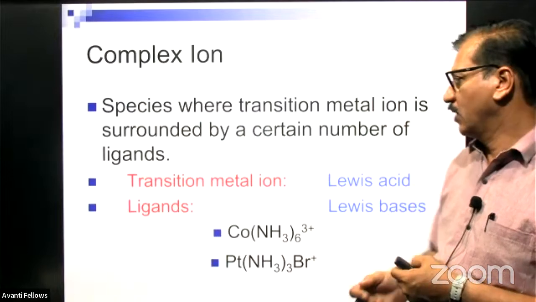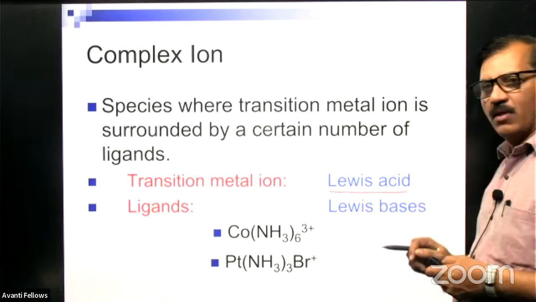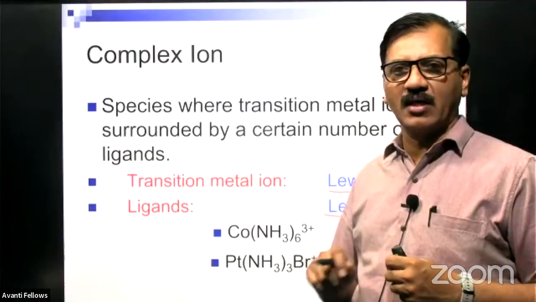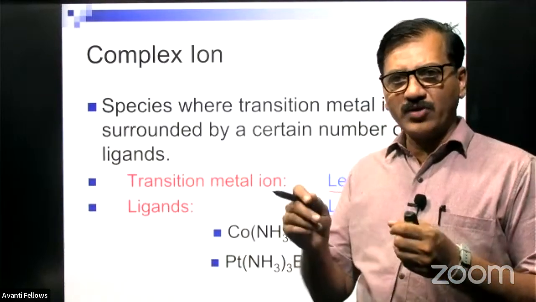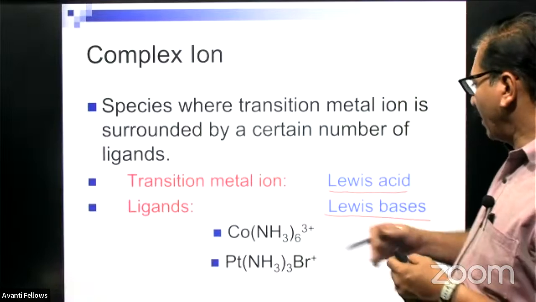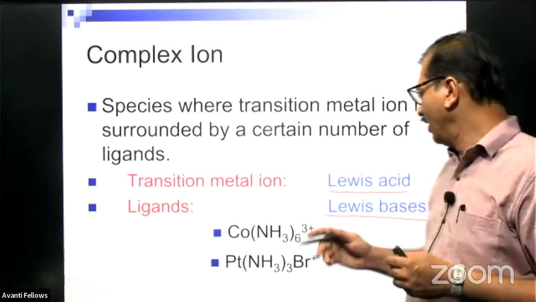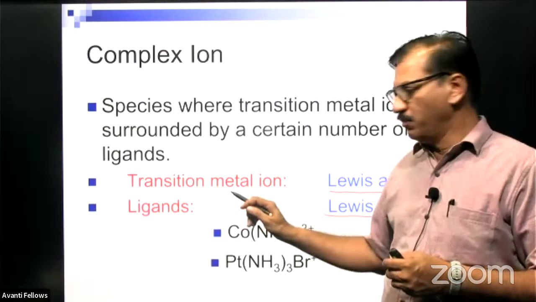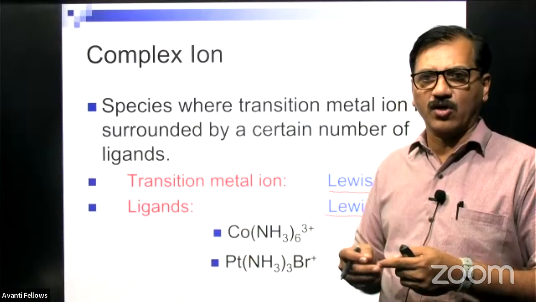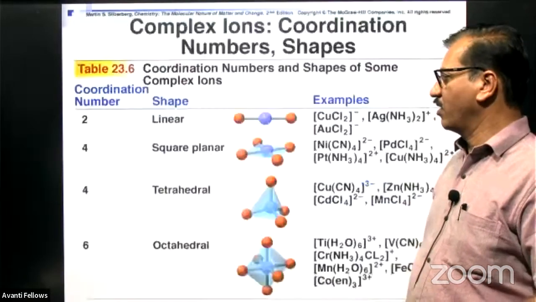The transition metal in this way is a Lewis acid and ligands are Lewis bases. As we have discussed, Lewis bases are those capable of giving a pair of electrons. Having come across the Bronsted-Lowry theory and Lewis theory, in Lewis theory, one which accepts a pair of electrons is an acid. So the central metal atom, a transition metal ion, receives a pair of electrons, therefore it is an acid, and ligands are Lewis bases.